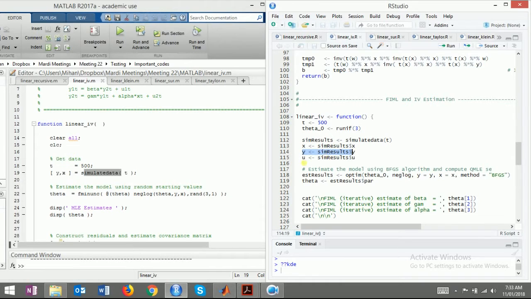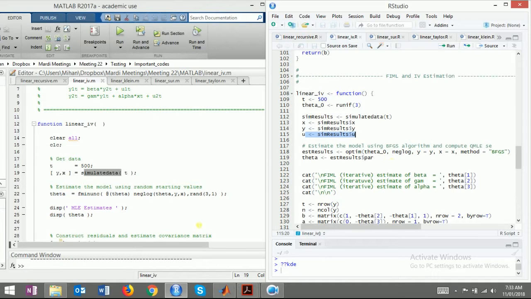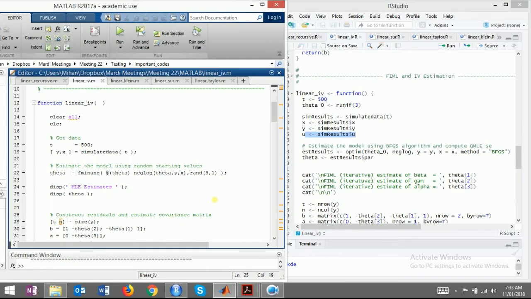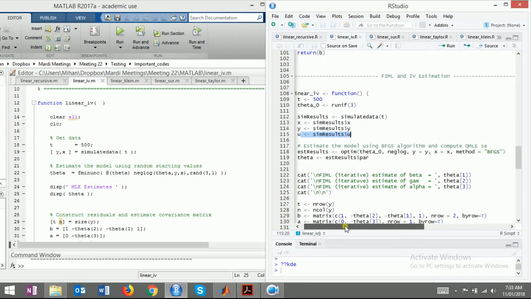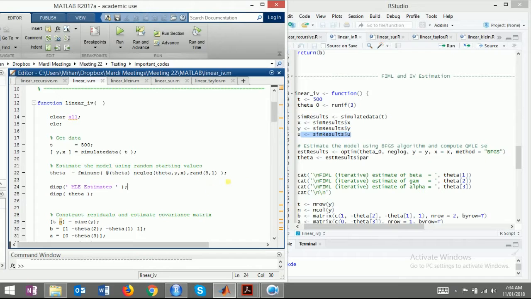Then we are to optimize. So theta is equal to optim, theta neg log, theta, y, x, runif 3 1. We have already done the concentrated log likelihood function, which we have included in the theta neg log function. So on the other hand, optim theta naught, here we didn't generate theta naught, it has already been generated.